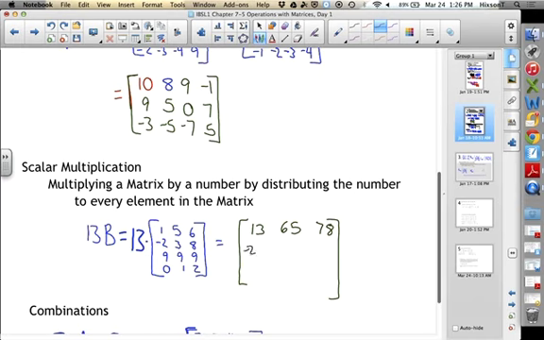Negative 26. What's 13 times 3? 39. 13 times 8? 91. Wait, no, sorry. Oh wait, that's 13 times 7, sorry. 13 times 8 would be 104.